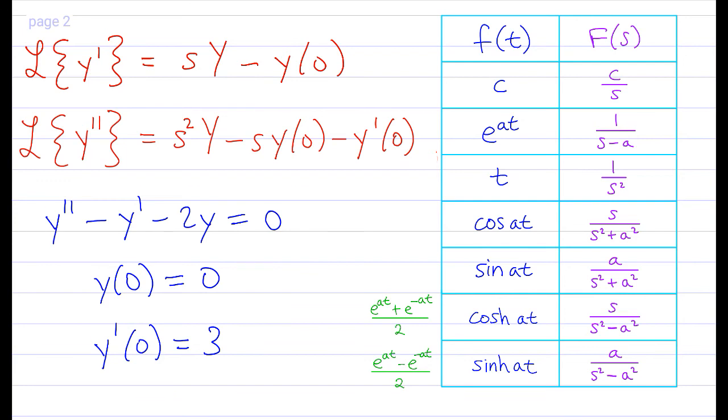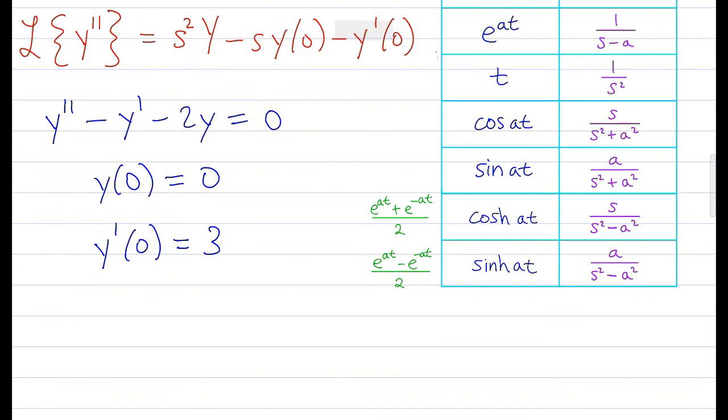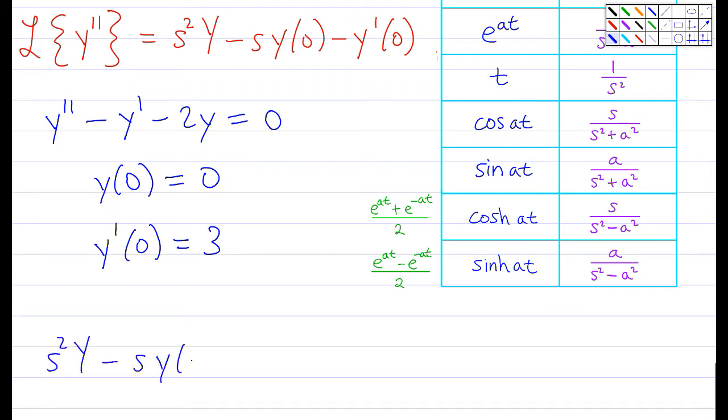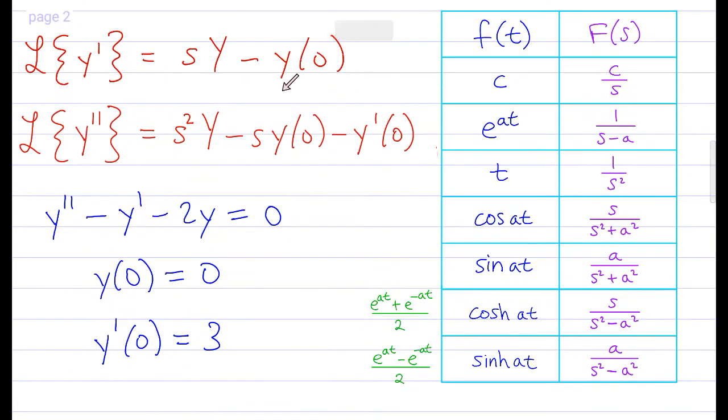All right, here we go. Okay, let's take the Laplace transform of y double prime. Well, using my red formula, I get s squared Y minus s y of 0 minus y prime of 0. Now I'm going to subtract the Laplace transform of y prime. For that, we need this formula.